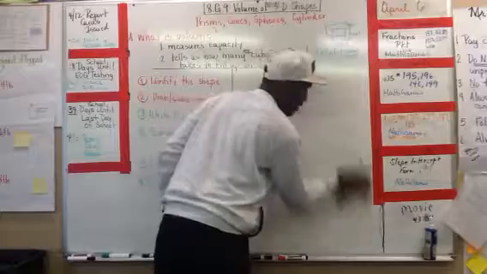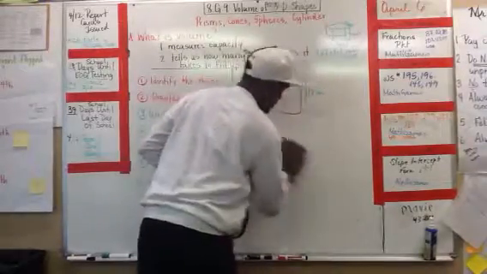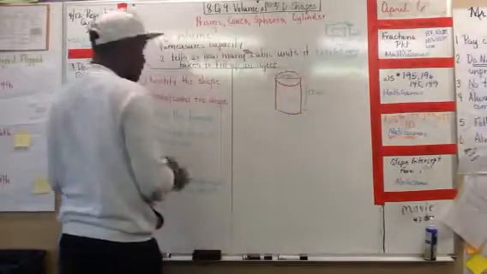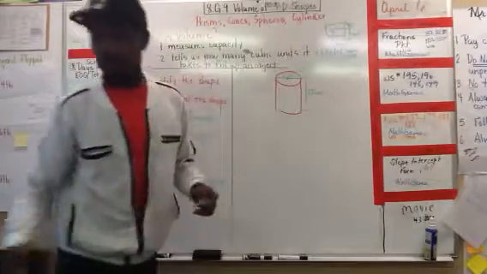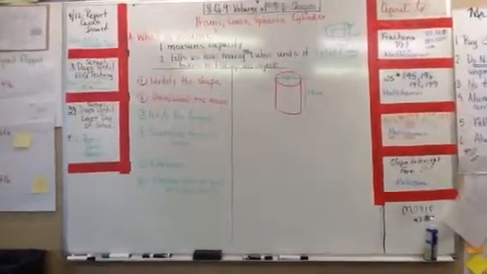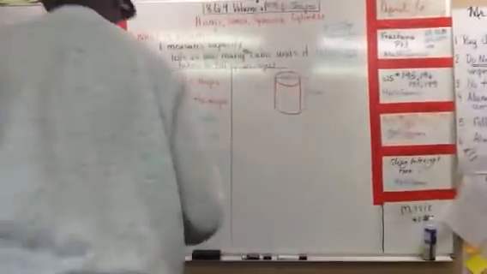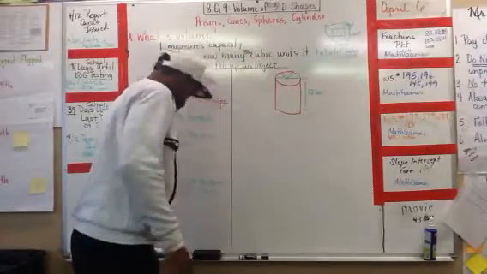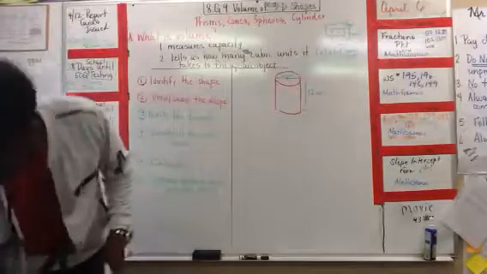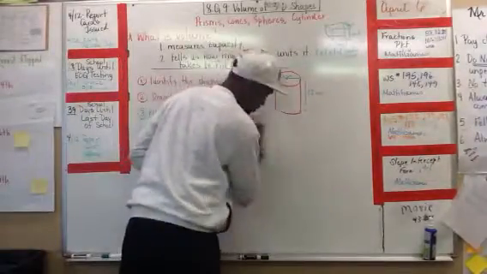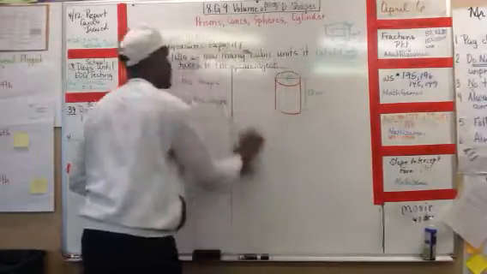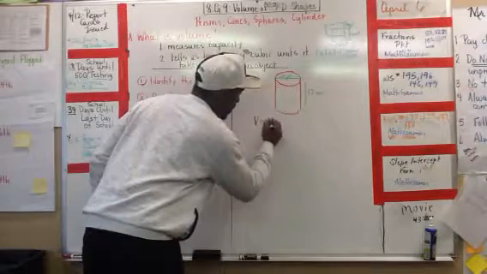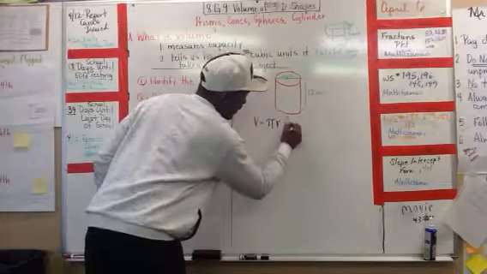So when the shape changes, most likely the formula does too. V equals pi r squared h.